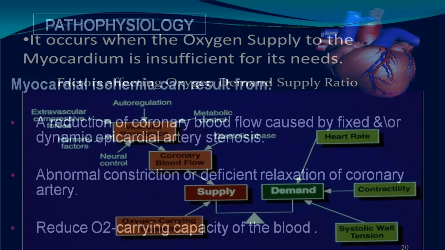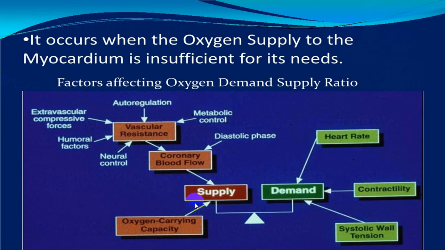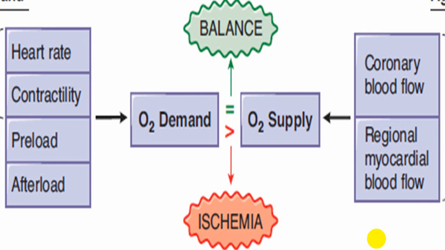Because of this supply and demand imbalance, these are all the causes where supply is reduced. These are where there is an increased demand because of increase in heart rate, increased contractility, or increased stress on the myocardium. So because of this imbalance, now ischemia will result.